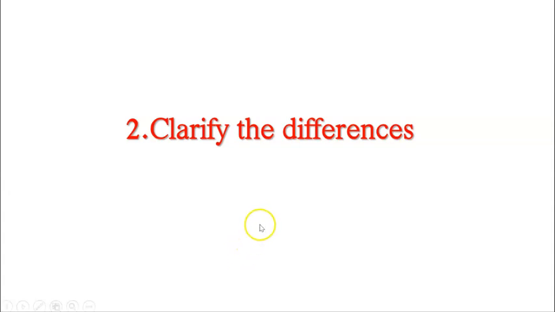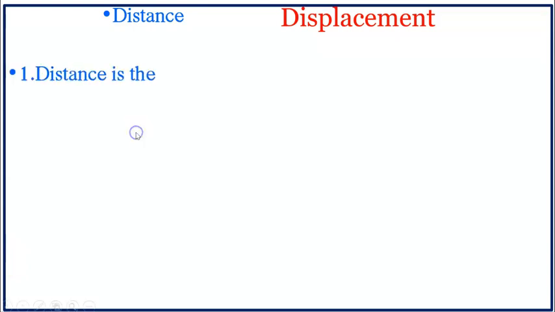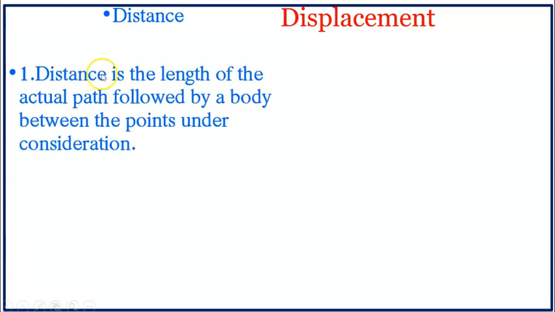Clarify the differences. Now the first is distance and displacement. First differentiate, here we will look. Now the first point, distance is the length of the actual path followed by a body between the points under consideration.